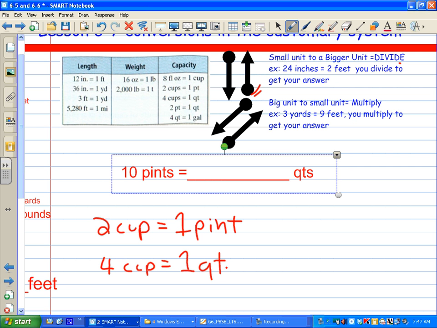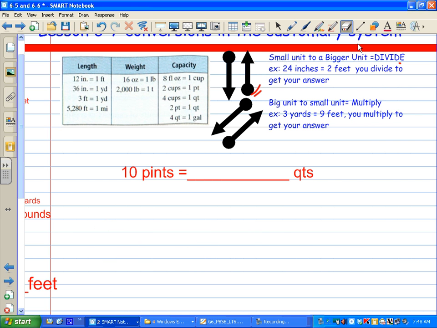If I have 1 quart, it's made up of 4 cups here. 1, 2, 3, 4. And a pint is made up of 2. So how many pints make a quart? 2 pints give me 1 quart. Yeah, that makes sense. 2 pints gives me 1 quart.